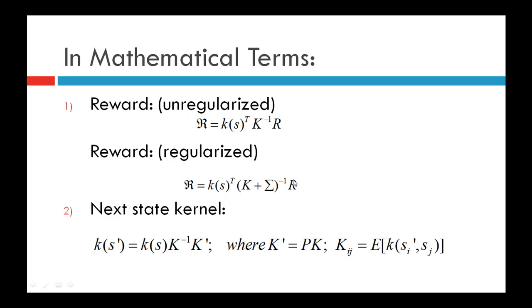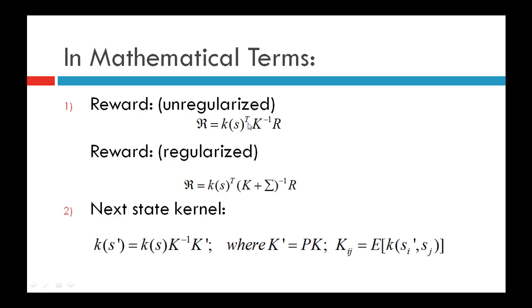So for a state S, the expected reward is given as k of S transpose times k inverse R, where R is a vector formed from the samples, that is, the first step is to collect the samples and then the sample rewards are used to form this vector.